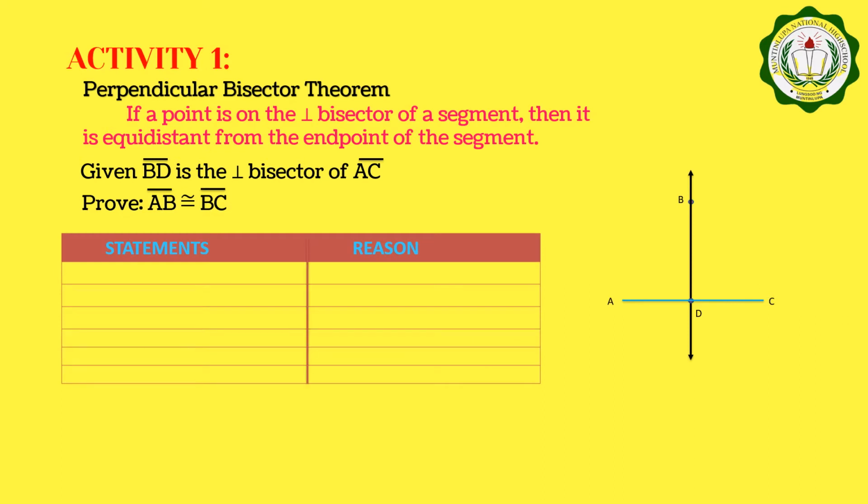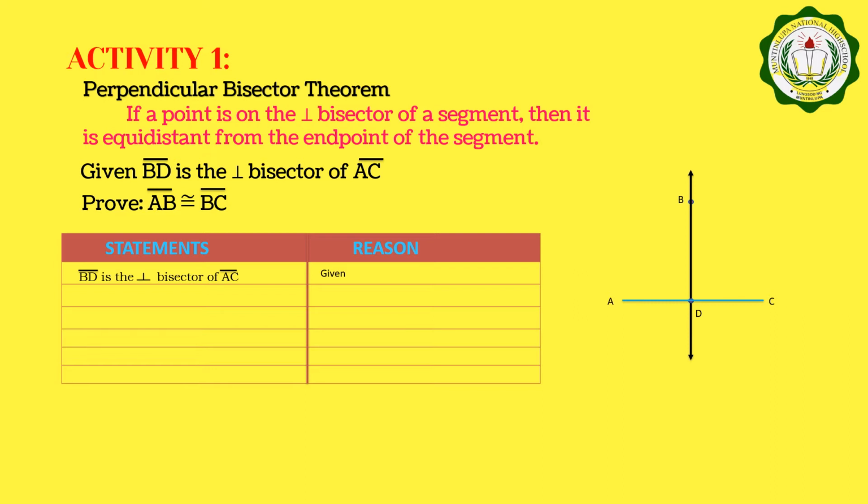As usual, we will have the statements in the first column and the reason for every statement in the second column. As always, our first statement is the given, which is segment BD is the perpendicular bisector of segment AC. And the reason is given. If BD is the perpendicular bisector of AC, what conclusion can we make?